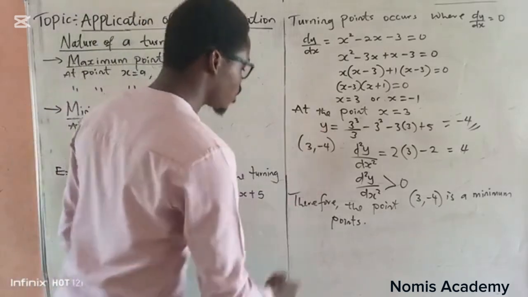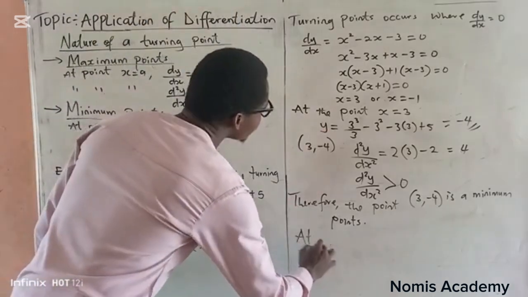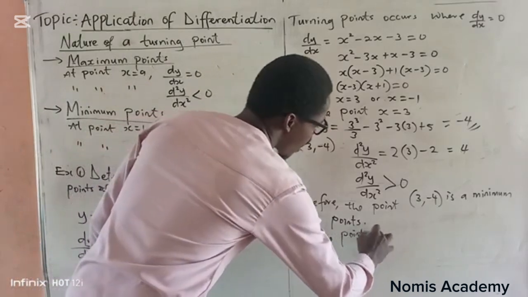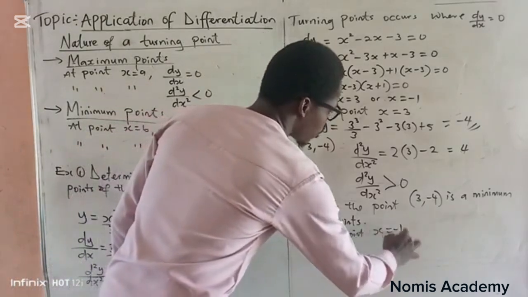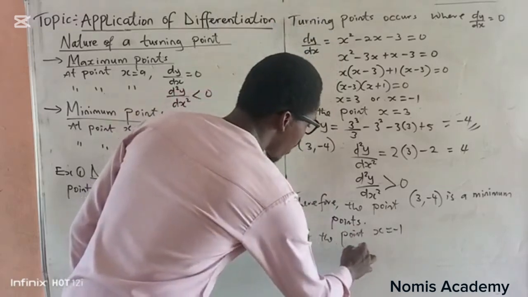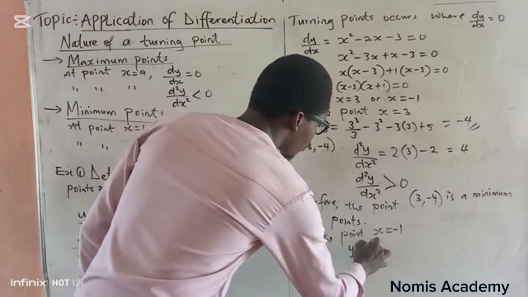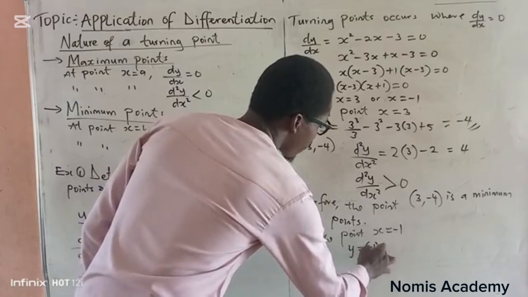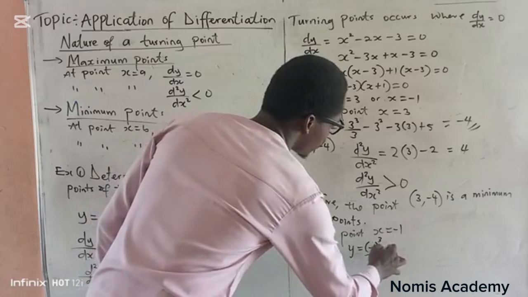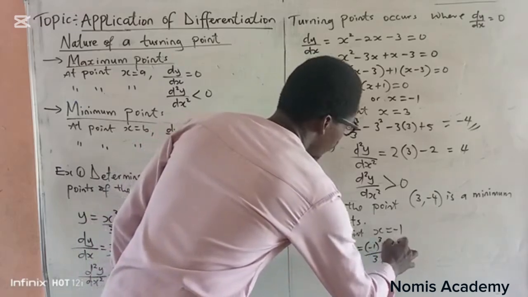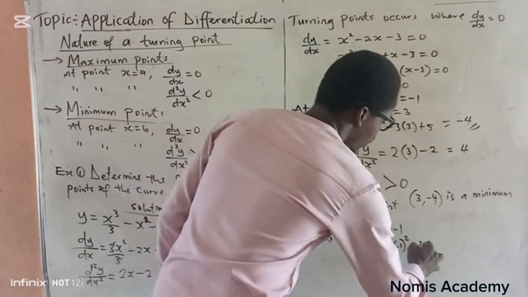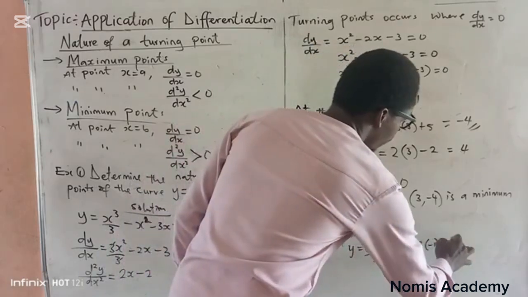So we go further to check the last point, where x is equal to minus 1. We do the same thing. We have y equal to minus 1 raised to the power of 3 over 3 minus minus 1 raised to the power of 2 minus 3 times minus 1 plus 5.